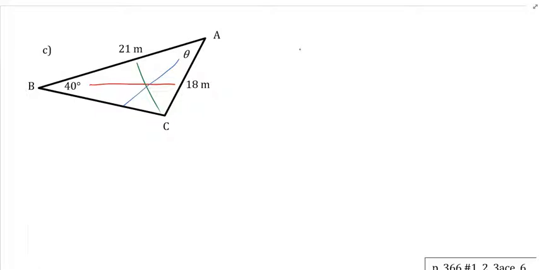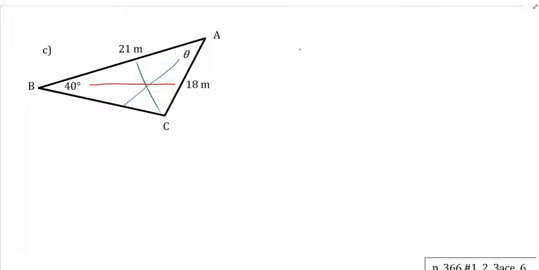Can I? Equal sine C over C. That's actually a good idea. That would help. And if you got stuck, that would be a good way to do it. What else do you notice? Not a right triangle, so we can't use SOHCAHTOA.